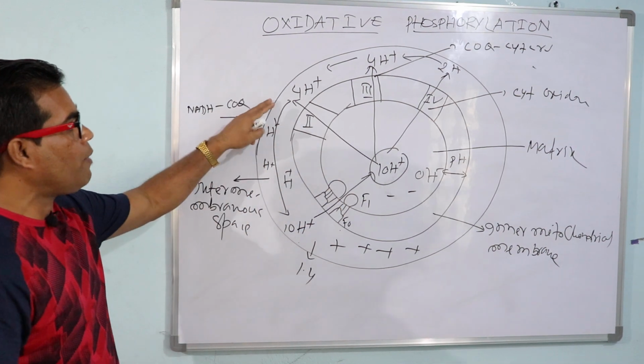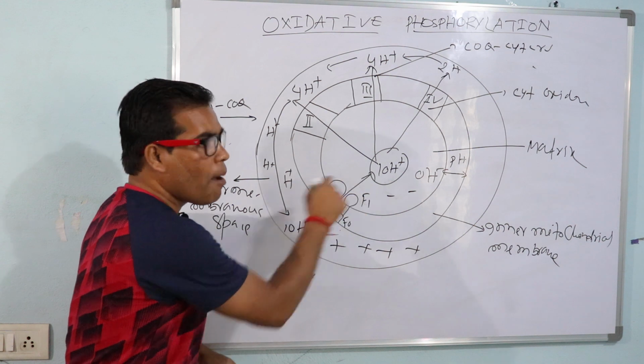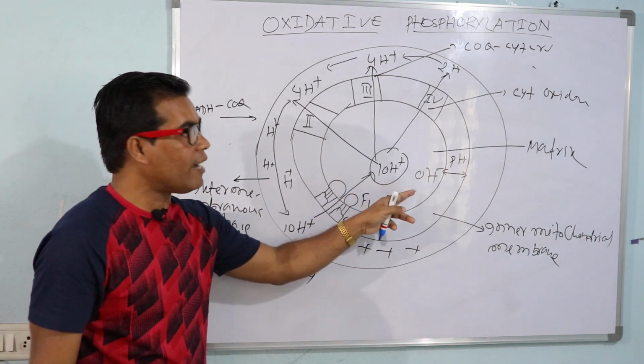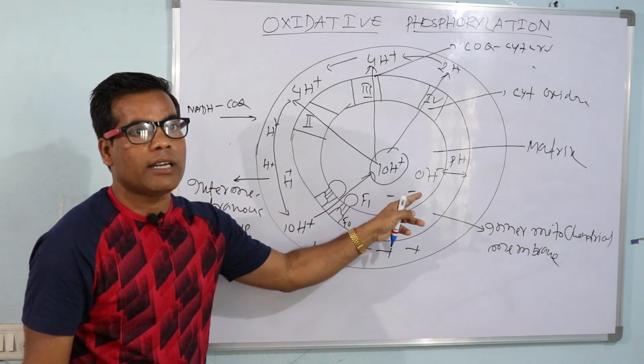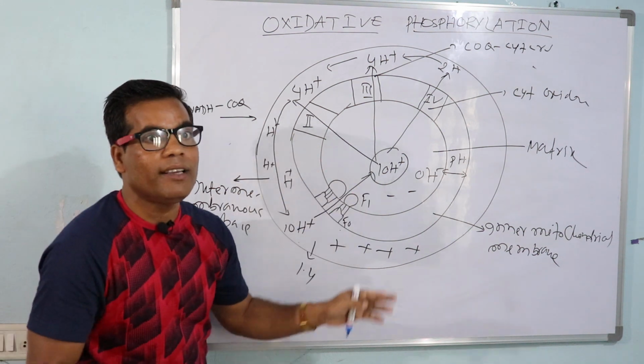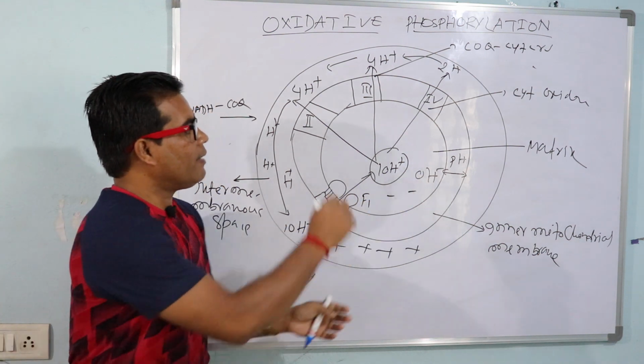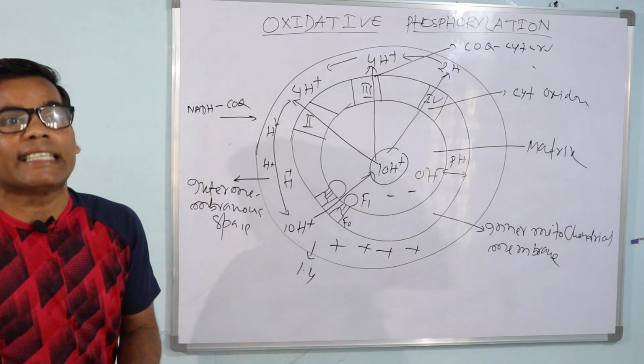There will be a decrease in hydrogen ion concentration but an increase in hydroxyl ions. So the pH of the matrix rises; that is why it exists as OH minus, meaning the number of hydroxyl groups is increased.